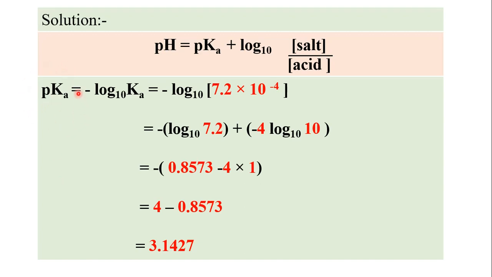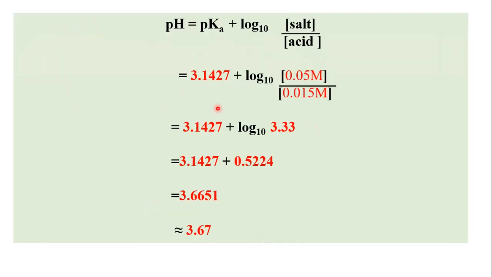Now substituting this value of pKa in this equation, we get 3.1427 plus log to the base 10 of concentration of salt is 0.05 molar and concentration of weak acid HF is 0.015 molar. If you solve this, it comes 3.33.